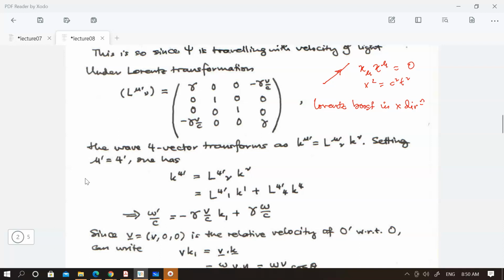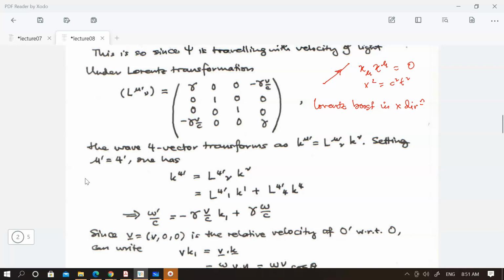Remember that I'm limiting my Lorentz transformation to this particular boost transformation, so the only non-trivial case is coming from the first column or fourth column.